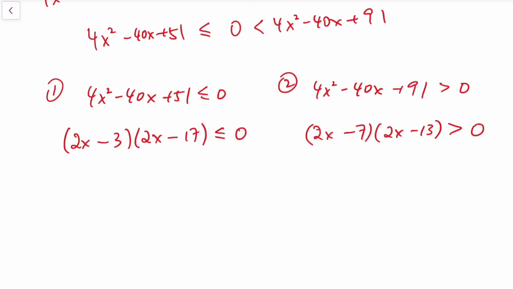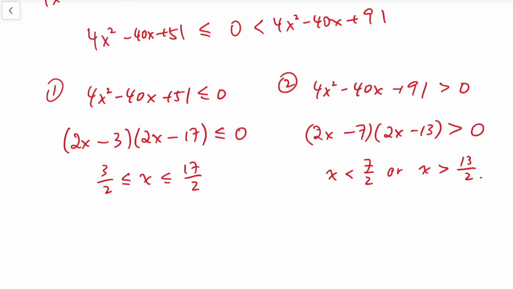Because we want both inequalities to hold at the same time, for the first one, we have x lying between 3 over 2 and 17 over 2. While for the second inequality, we have x less than 7 over 2, or x is larger than 13 over 2.